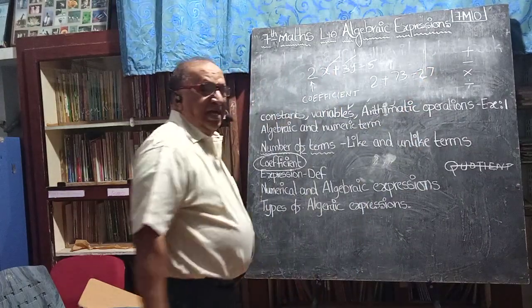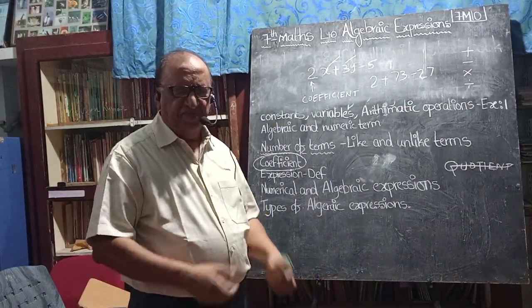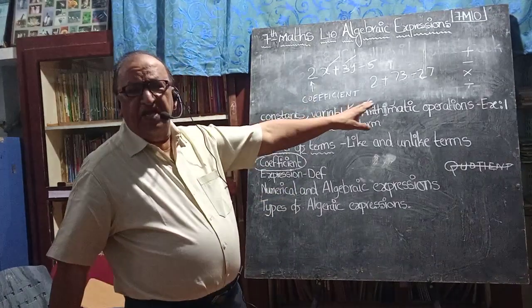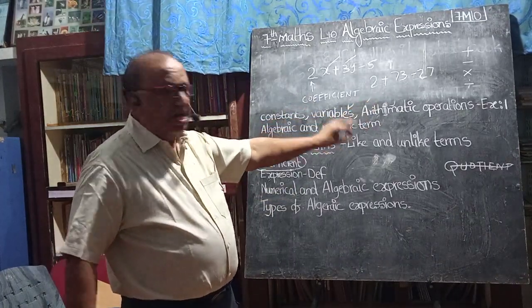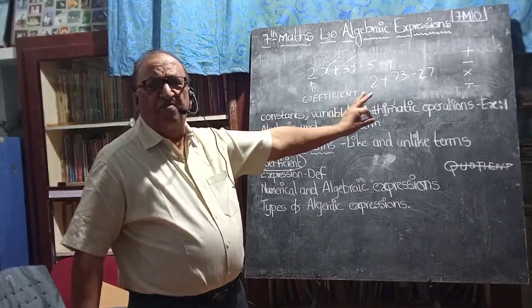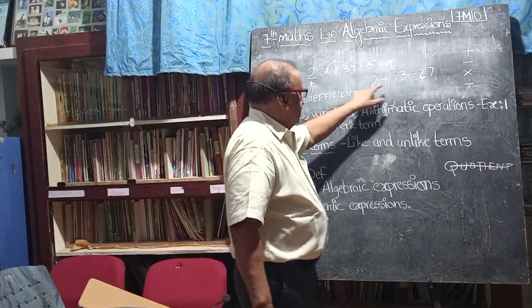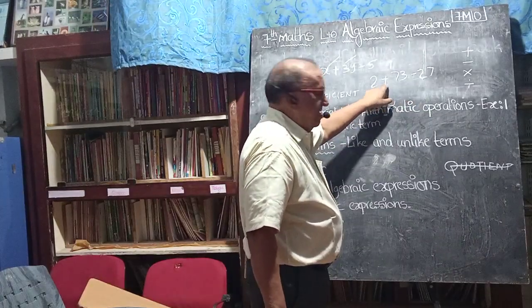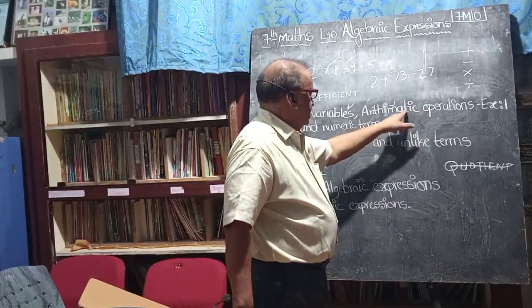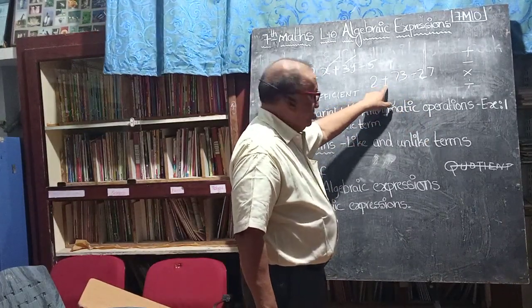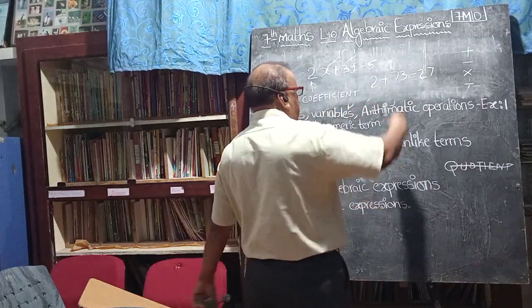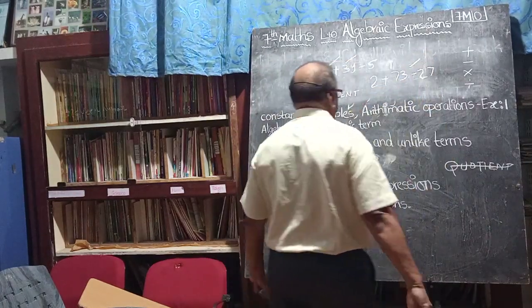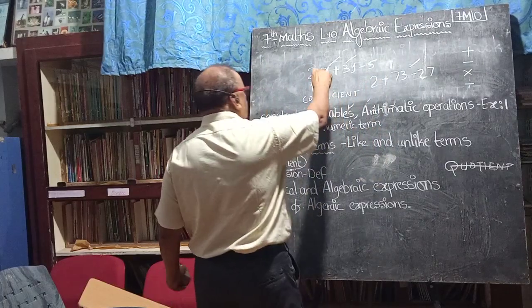This is called a numeric expression because there are no variables here. All you have is just numerals, 2, 73 and 27, connected by arithmetic operation symbols, plus or minus. So this is called a numeric expression.